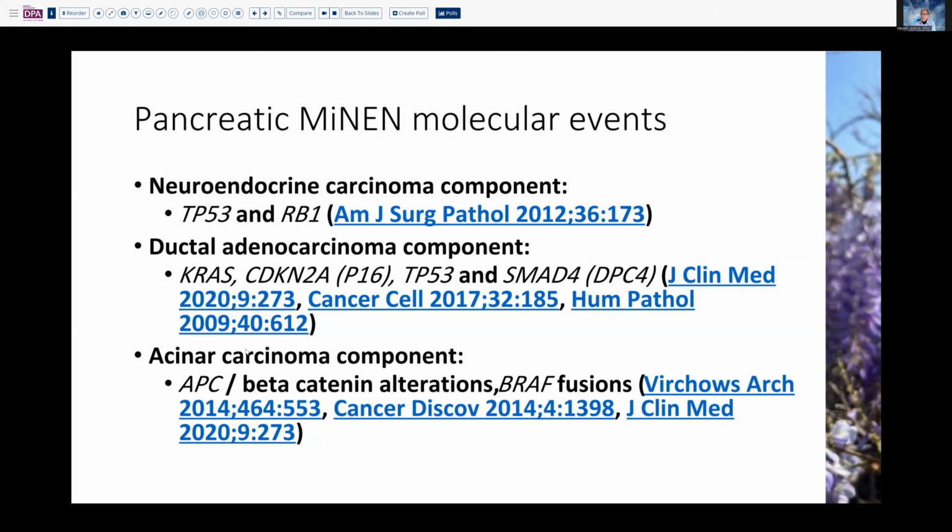And acinar carcinomas may be more likely to show APC mutations or beta-catenin alterations and even BRAF mutations, if you're interested in investigating those and highlighting which ones are or are not present, particularly if you're thinking one is going to be the driver neoplasm and you want to potentially treat that more aggressively first. Looking for potential targeted therapies for these agents might be of some use.